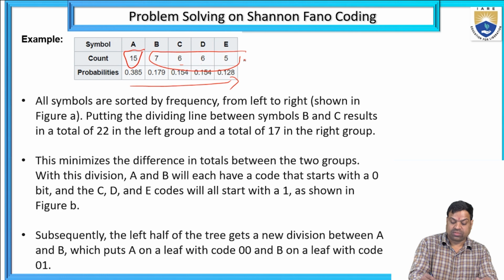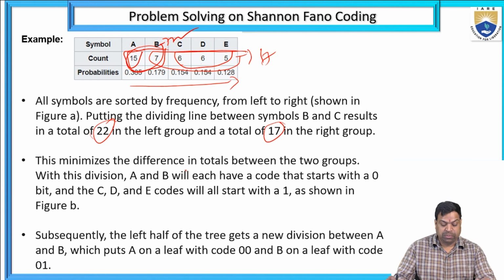So 22 and 17 symbols are there, and this minimizes the difference in totals between the two groups within the division.